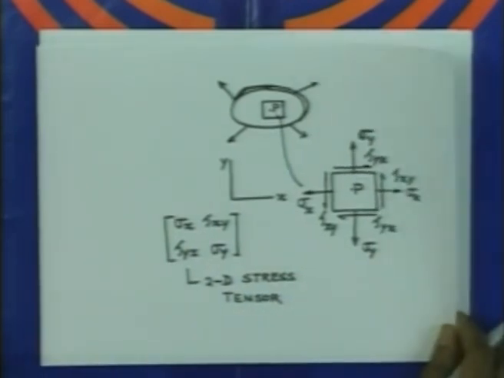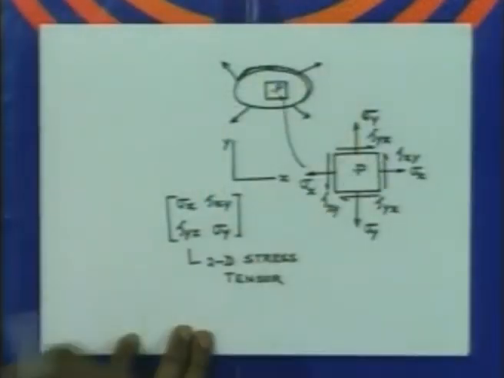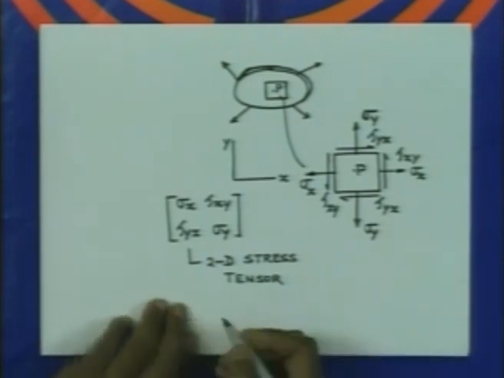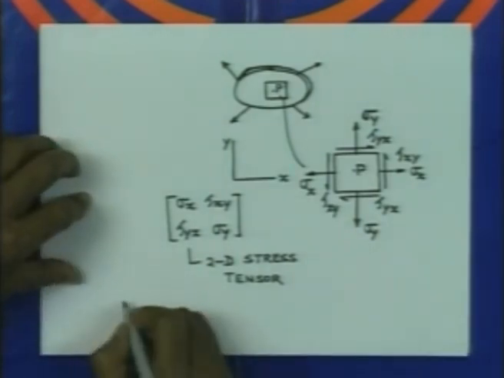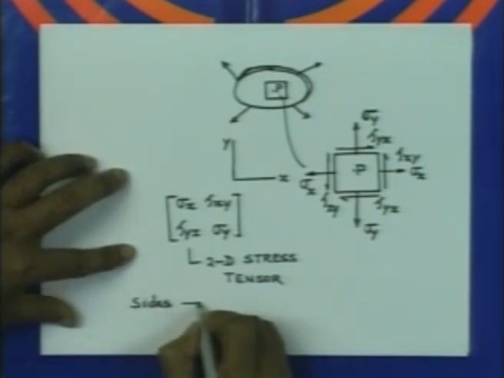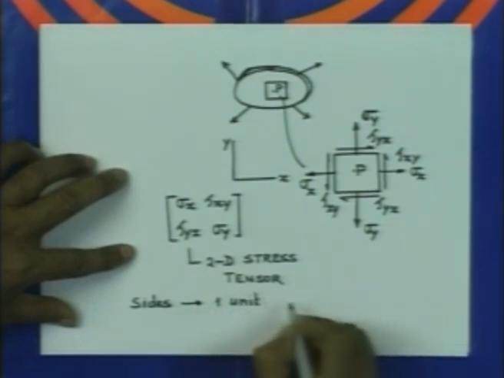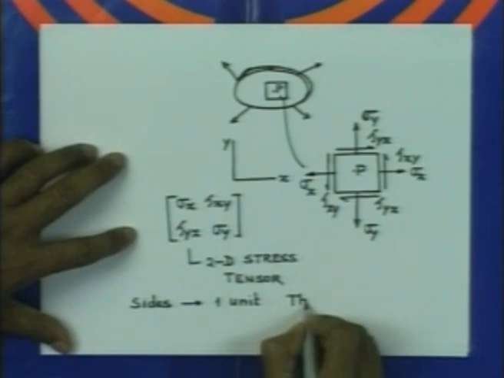Let us now consider the case that the sides of this cube are of unit dimensions and the thickness, so sides are one unit each, thickness is also 1 unit.